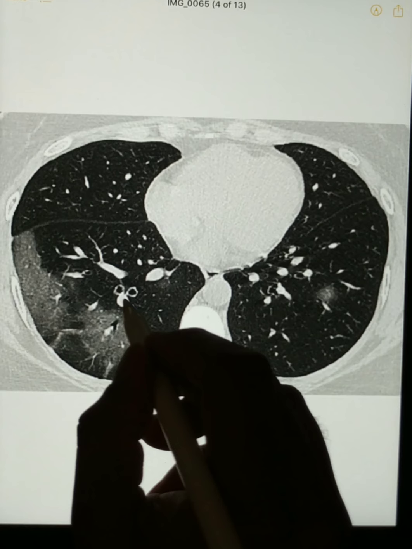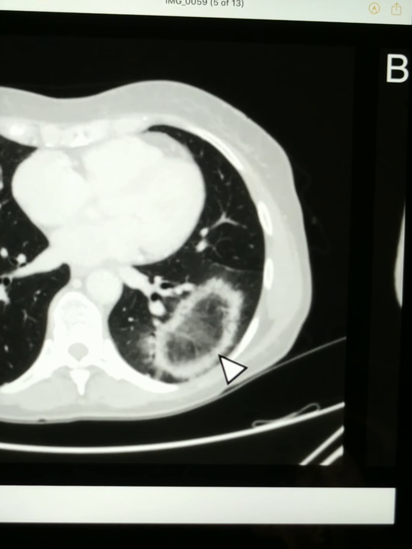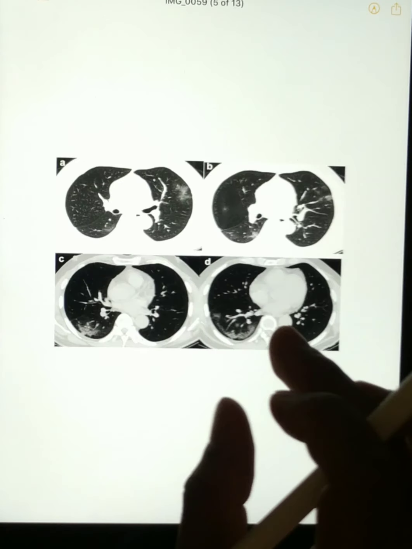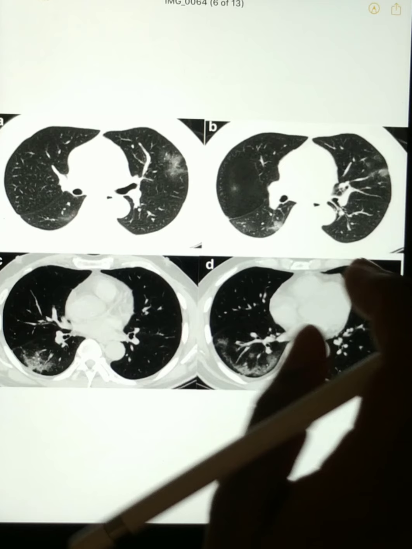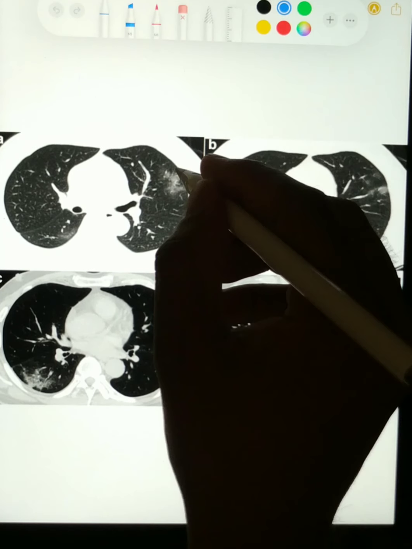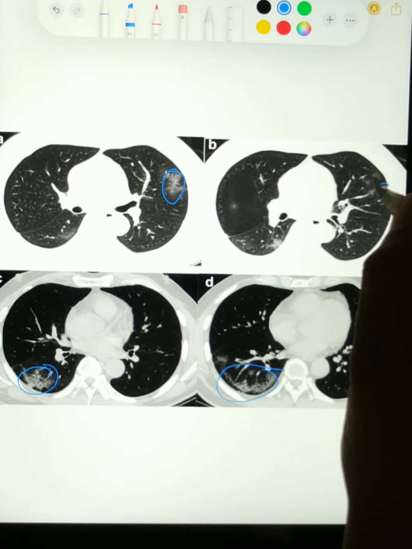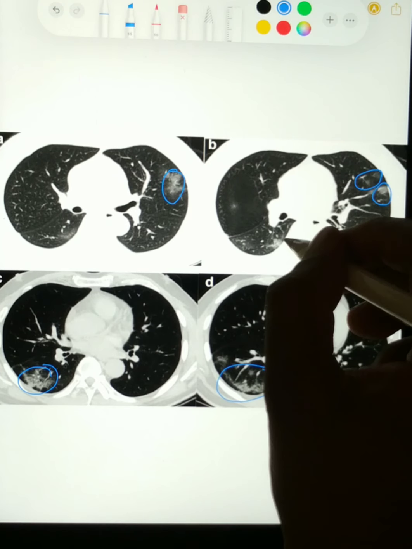In this next film, this is the typical reverse halo sign or atoll sign. In this film, you can appreciate patches of consolidation and ground glass opacity. These small patches.